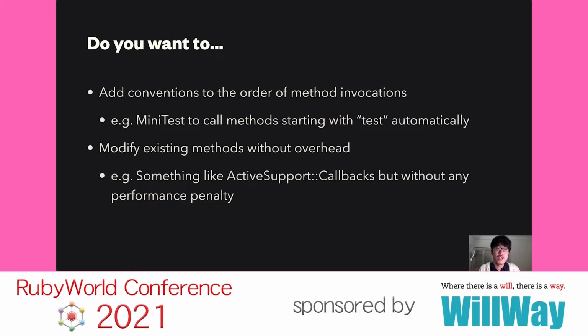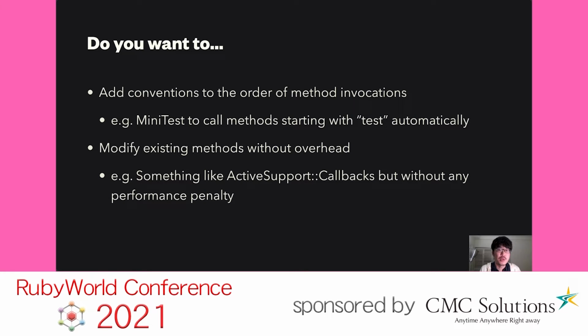sometimes if you want to call methods, you might want to add some conventions. For example, the name of the method: if there's a test library like Minitest, since it starts with test, it automatically acknowledges that it is a test method.